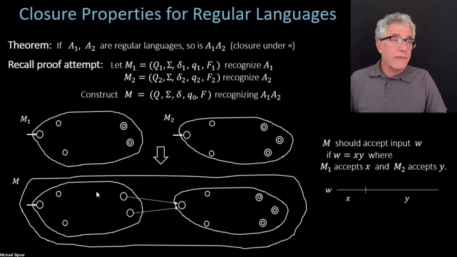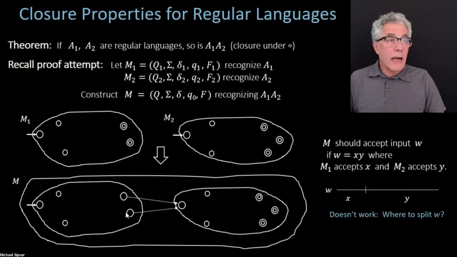Because the idea would be that if M1 has accepted an initial part, then you want to pass control to M2 to accept the rest. But as we observed, that doesn't quite work, because the first place to split W after you have found an initial part that's accepted by M1 may not be the right place, because the remainder may not be accepted by M2. You might have been better off waiting until you found another place that M1 accepted later on in the string, say over here.